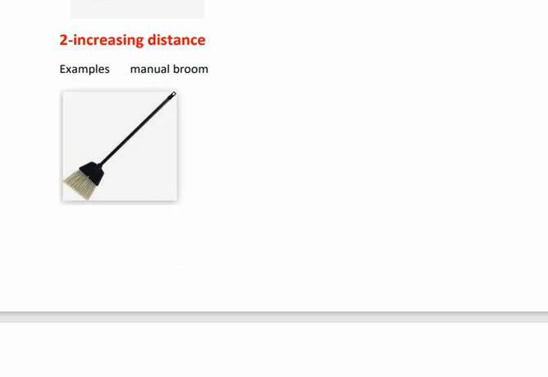A manual broom could collect garbage around it, as the distance around here and here. So the manual broom increases distance.